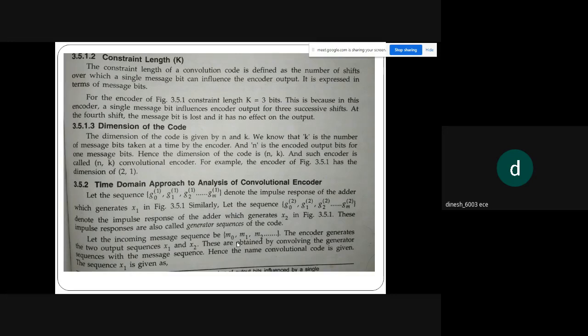Hence, the name convolutional code is given to this code. So let us see how we do this convolution.